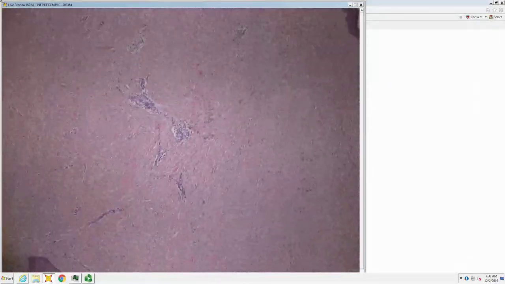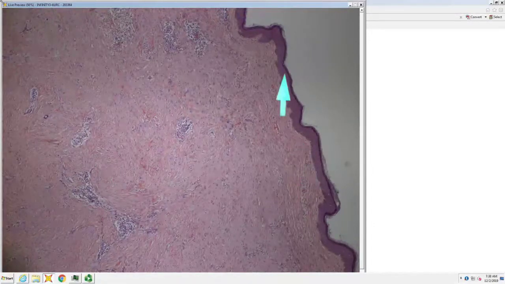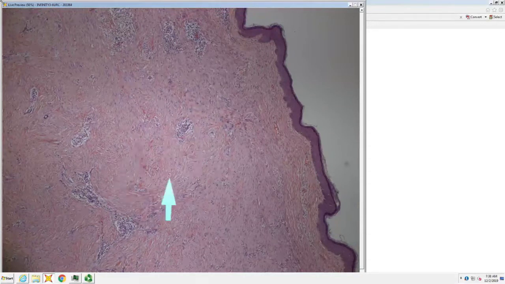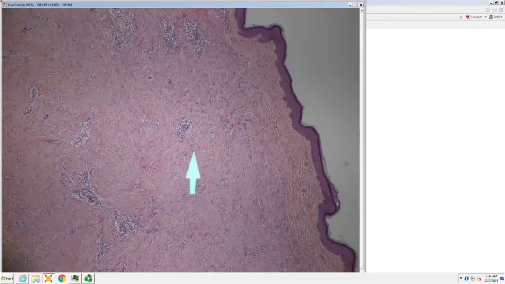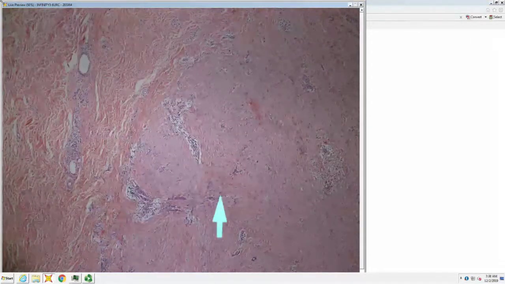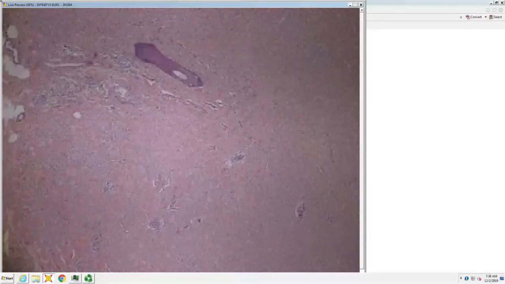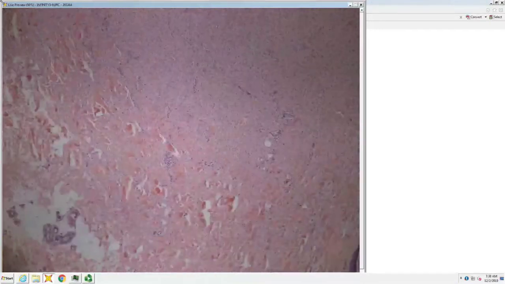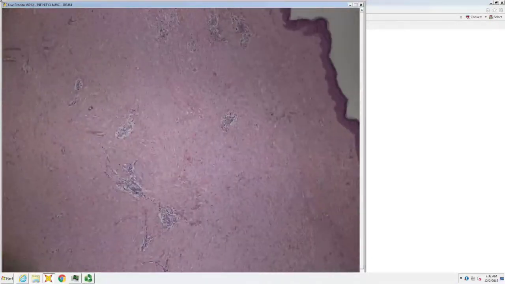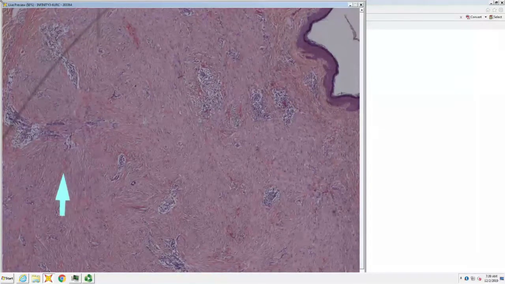I don't see much acanthosis. In fact, maybe it's even a little attenuated. And you have whorls and nodules of fibroblasts. You can see nice nodules here of fibroblasts. So what gives you a nodular proliferation of fibroblasts forming new collagen? Nodular fasciitis.